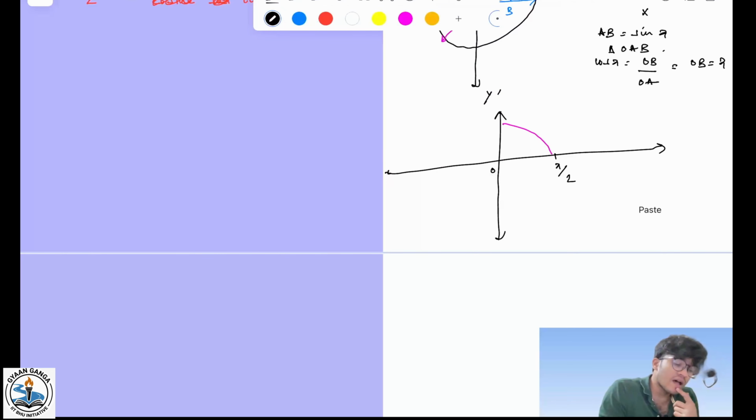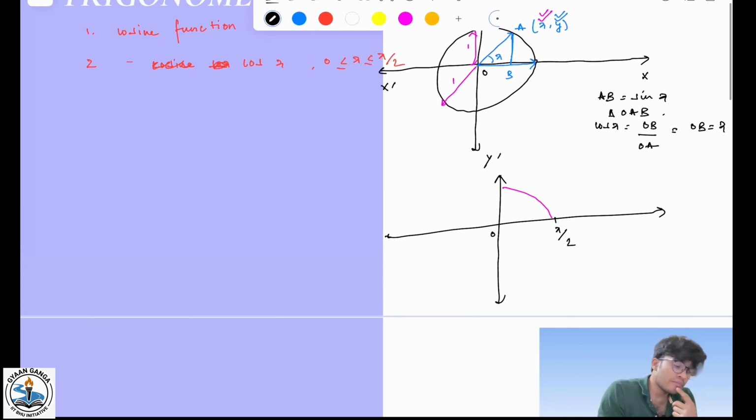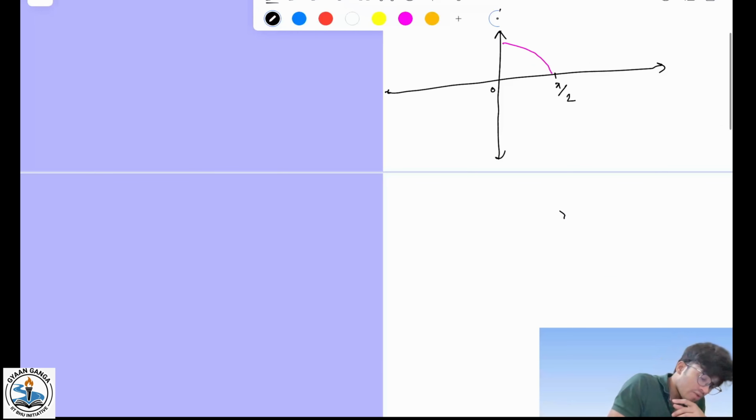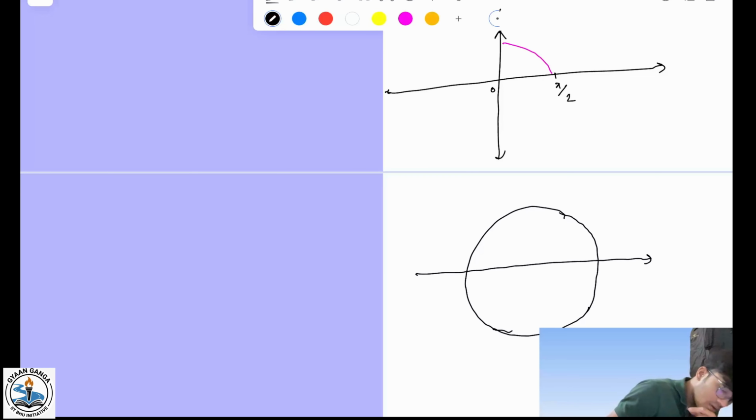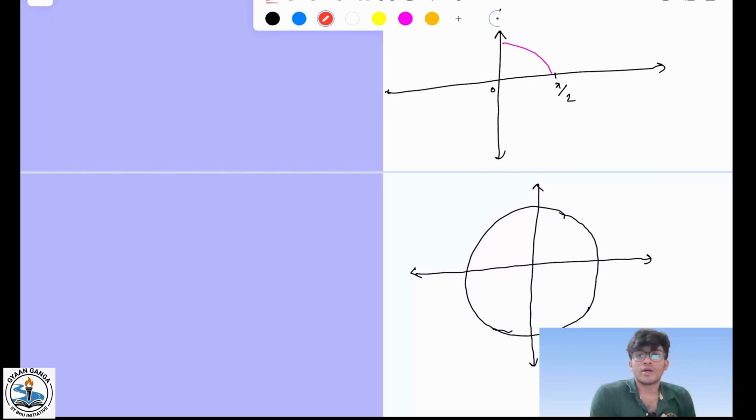Now in the last video on sine on the unit circle, I said that there are multiple angles on the unit circle, specifically 4, for which the modulus of the cosine function and the modulus of the sine function are equal.